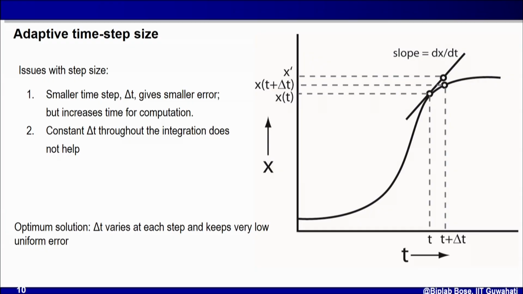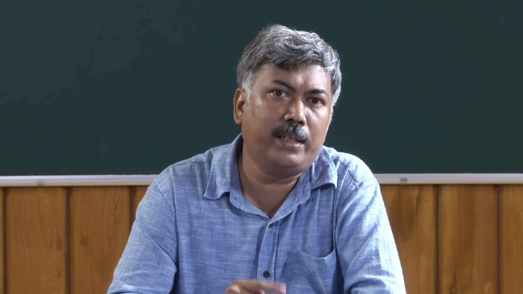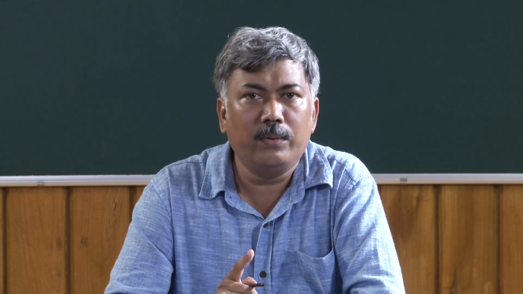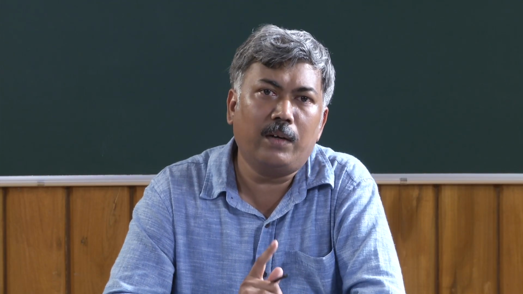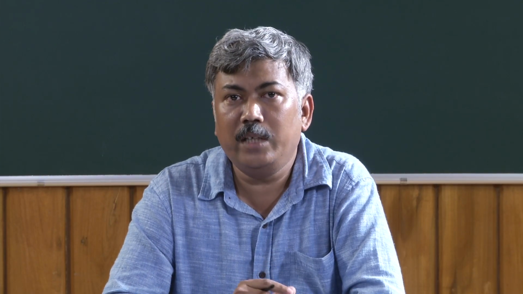Now what I have discussed till now is that if I take an average slope at a particular time point and then estimate the new value of x at the new time point, we get a better result. But still the issue of delta t lingers here. If you remember, in our previous module we discussed that if your delta t is bigger, your error will increase.